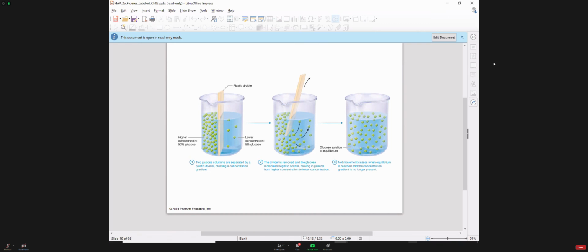How high is the concentration on one side compared to the concentration on the other side? You know that by simple diffusion, when we have a high concentration on one side and a lower concentration on the other side, the substance will like to go there, and will like to occupy an even amount of substance there.